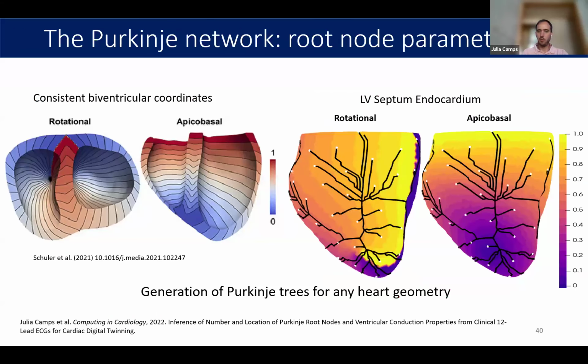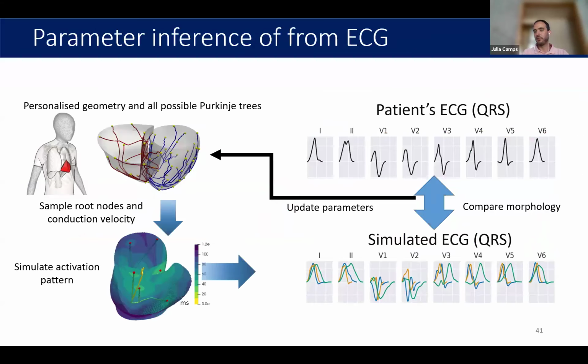Okay, so with that, we can then use some sort of ventricular coordinates to map these parameters, and then they are ready for inference. So here, this is the inference algorithm. It's an iterative sampling algorithm that I used, and that is implemented in the GitHub and in the code that I will share with you later.